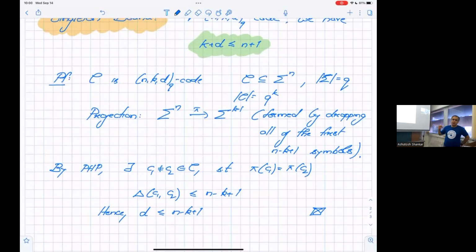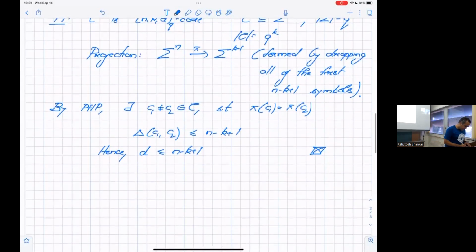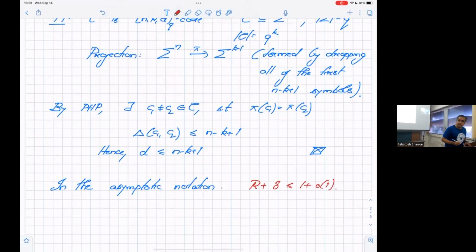Now, how do we write it in the asymptotic notation? R plus delta is less than or equal to 1 plus little o of 1. So the singleton bound in the asymptotic notation is an upper bound: R plus delta is less than or equal to 1 plus little o of 1.